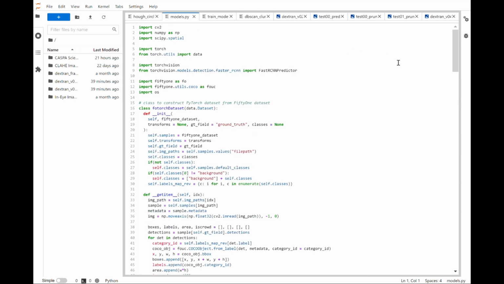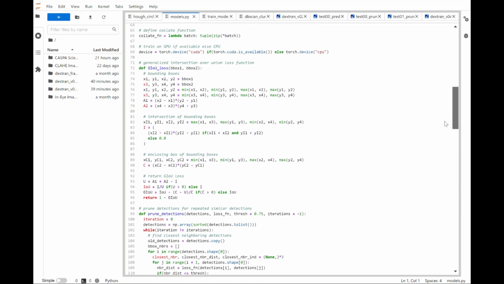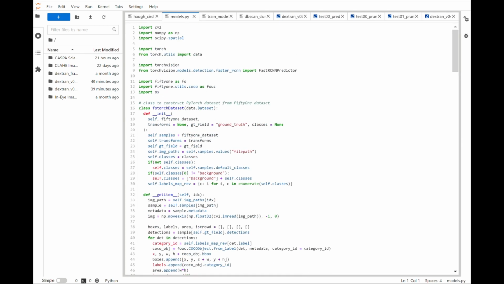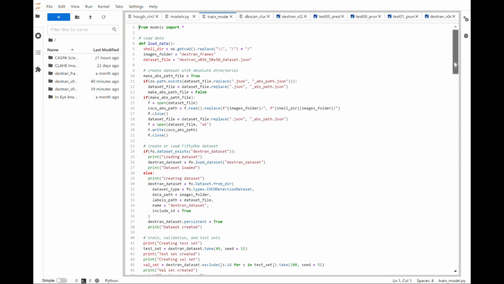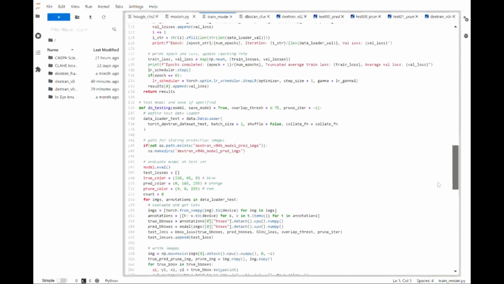Models.py defines some crucial classes and functions, including GIoU loss and detection pruning. Next, the excitement of training the model. After loading the data, I trained the model on these hyperparameters and then did testing on it.